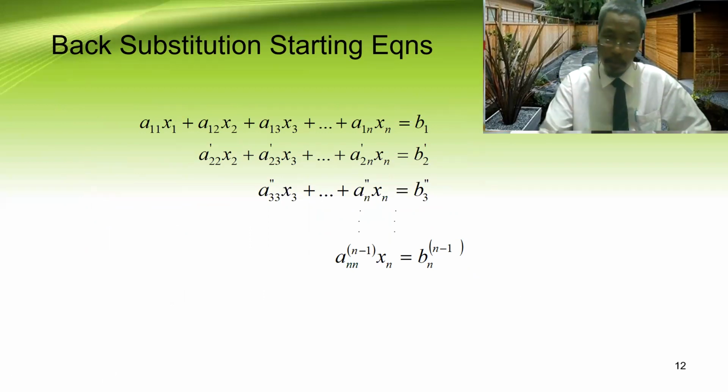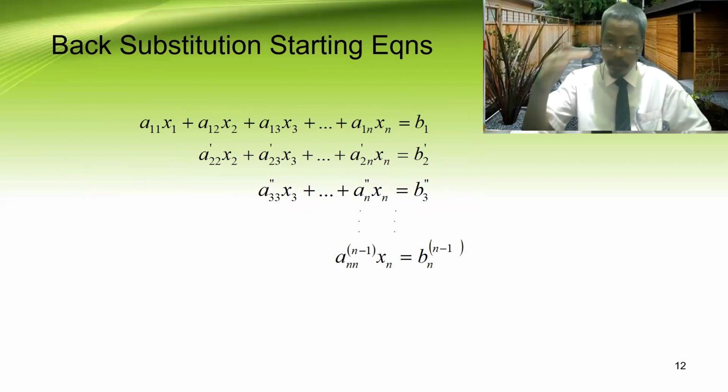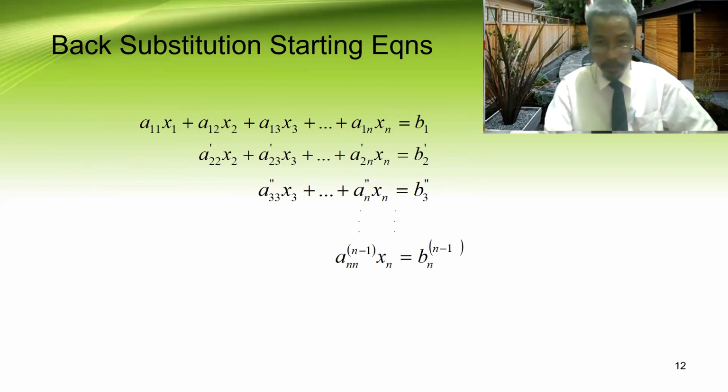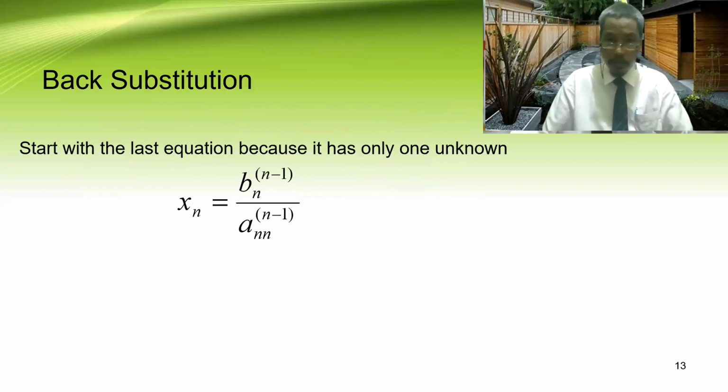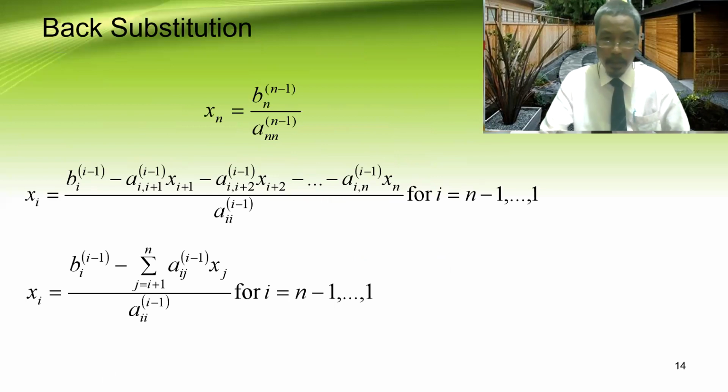Then the next equation up. Start with the last equation because it has only one unknown, and because we already solved this one, let us solve the rest going backwards.